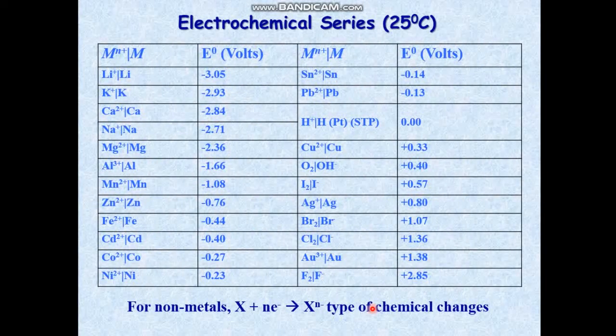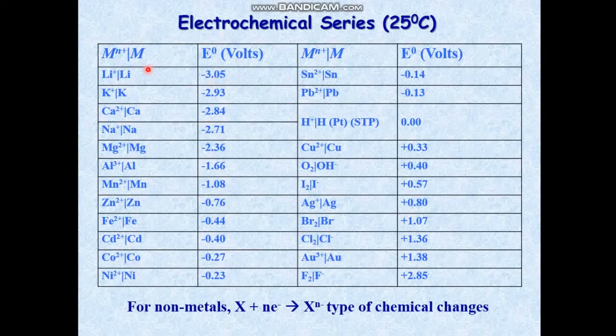As I have said, lithium is the species which has the highest reduction potential, together with the redox potential, and it is negatively signed. So this is the highest value, minus 3.05.